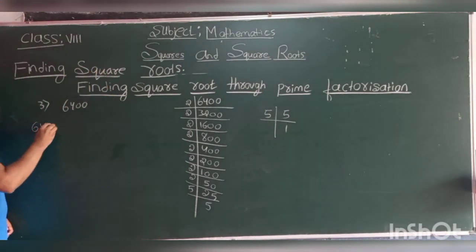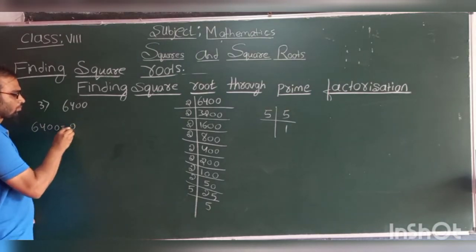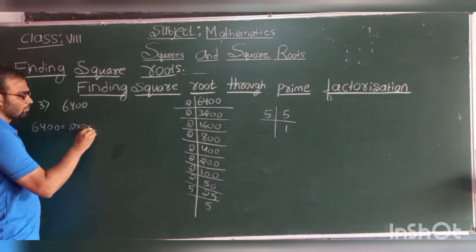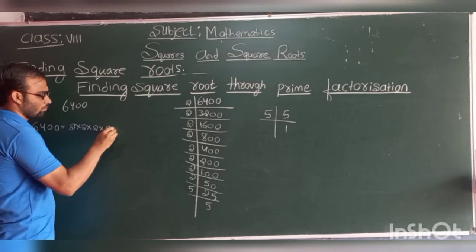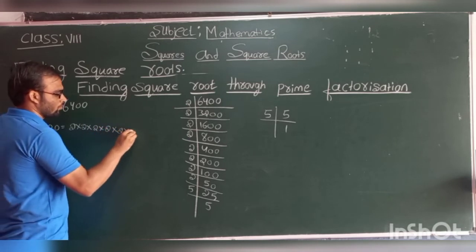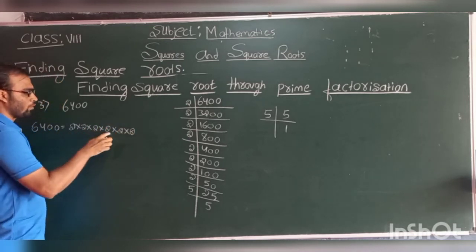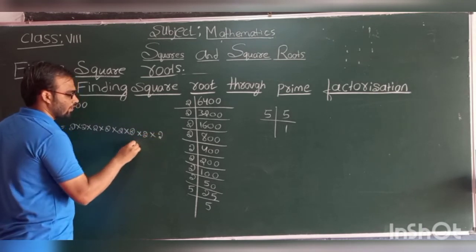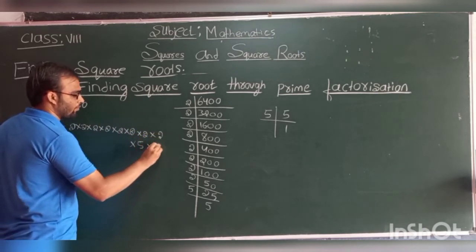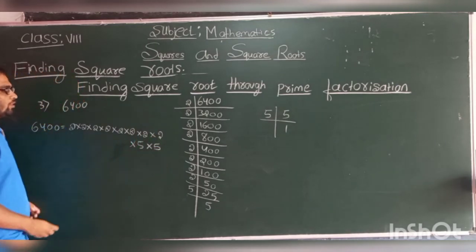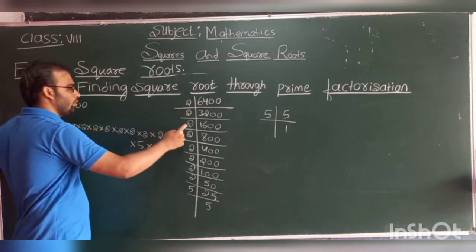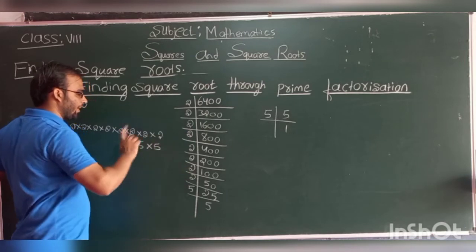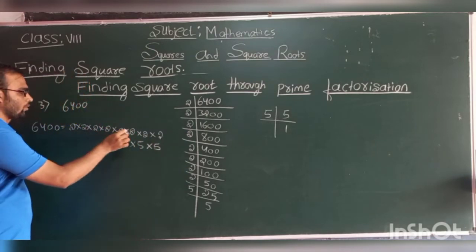Okay, 6400 is equal to 8 times 2, 1 2 3 4 5 6 7 8, and here 5 into 5. Okay, so here 8 times 2.